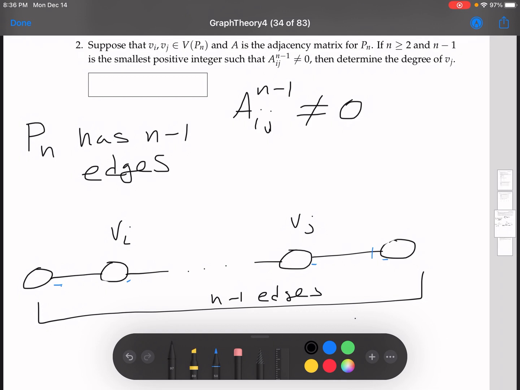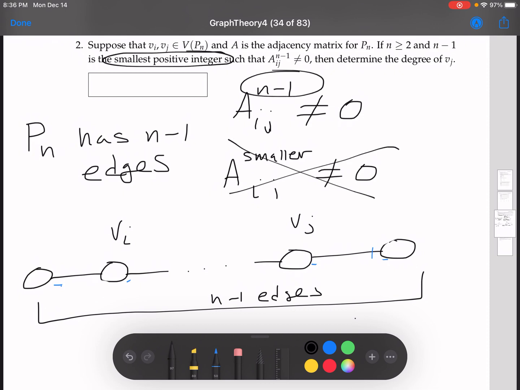So if vi and vj are not endpoints, then A to a power smaller than n minus 1 is not 0. But that's the smallest. It's got to be the smallest. So this can't happen.